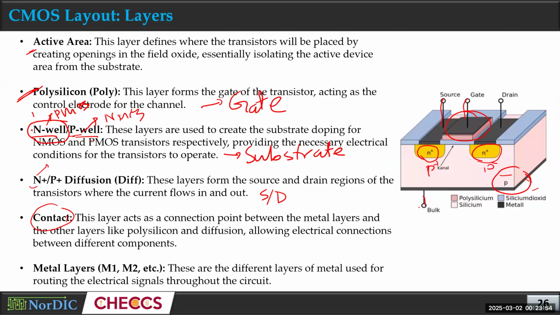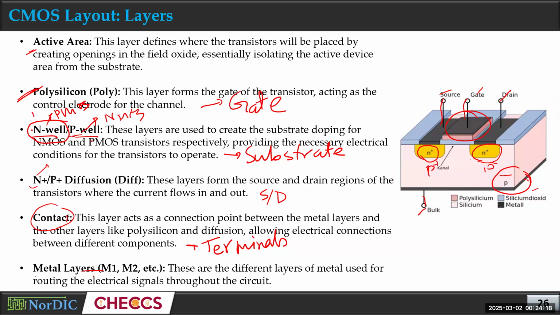But you will always make the connection in terms of drain, gate, source, and the body. So for these four terminals, you'll have to use this contact so that you can connect them with other terminals later. So these contacts are for the terminals to make connections.